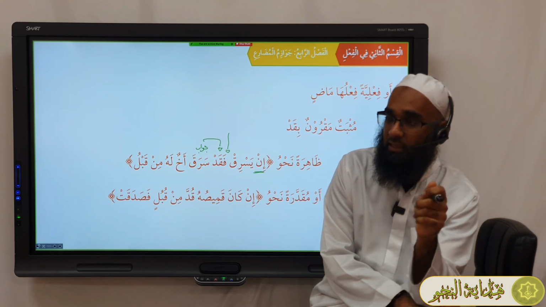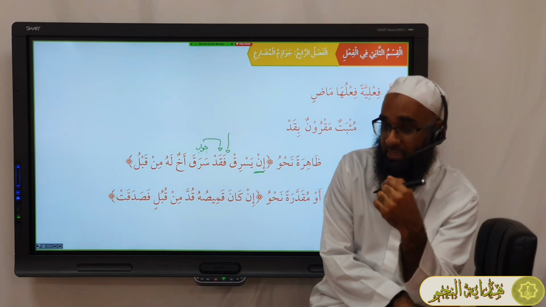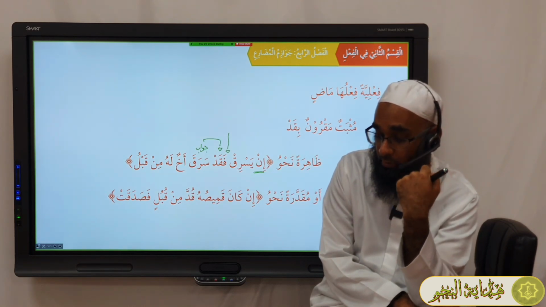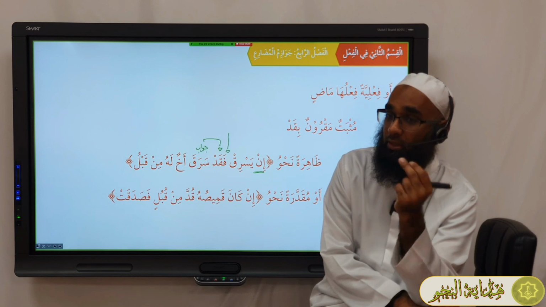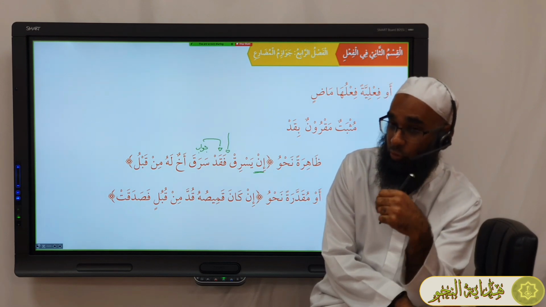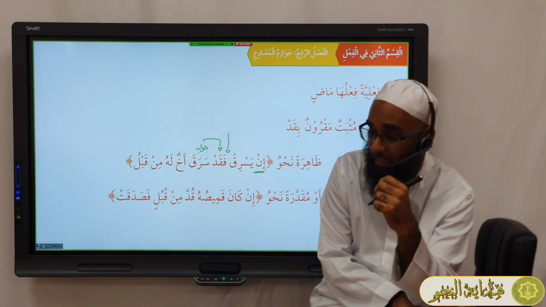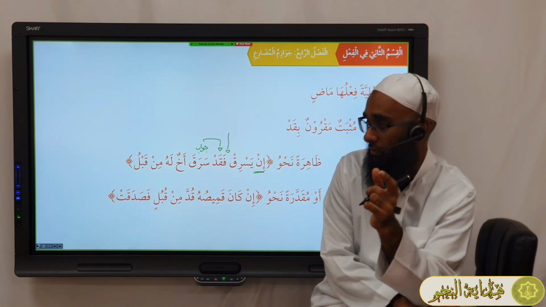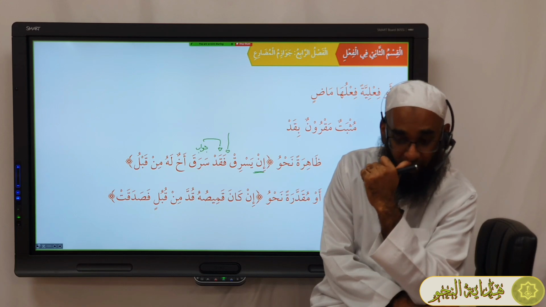So if we say qad jalasa, one meaning is to create emphasis, and number two is to show the completion of the action. So qad sami Allah is for tahqiq, to show emphasis. And sometimes it can have the meaning of the present perfect tense, the completion of the action. Okay? So it has both elements in English translation.